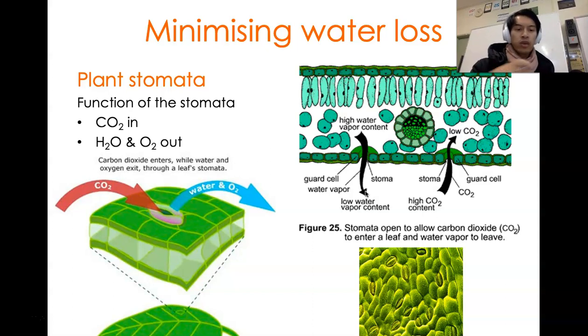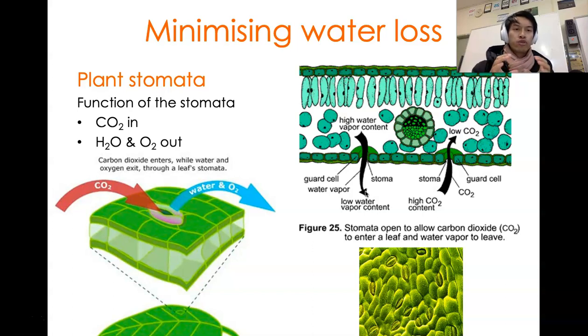Now, some of you might be asking, well, if plants can regulate that, why don't they just shut it every time it gets too dry, and then open it whenever it gets kind of moist? The trade-off that the plant needs to figure out is that if you close the stomata, you're not photosynthesizing, and if the plant is not photosynthesizing, it's not producing enough food for survival and for growth.